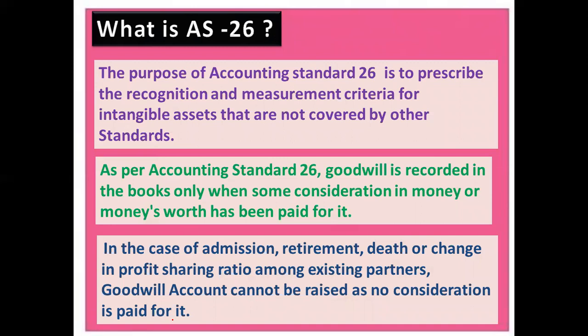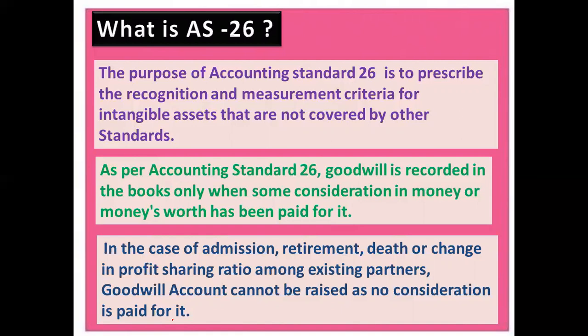The purpose of Accounting Standard 26 is to prescribe the recognition and measurement criteria for intangible assets that are not covered by other standards. So AS 26 deals with the treatment of intangible assets: how to recognize those intangible assets, how to measure their value. This is what is contained in AS 26.